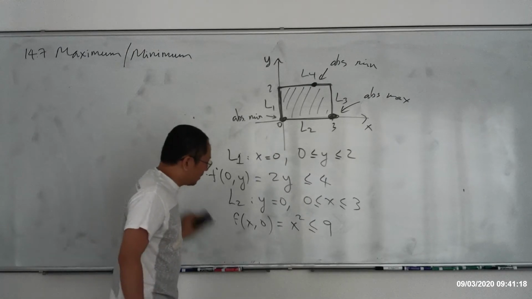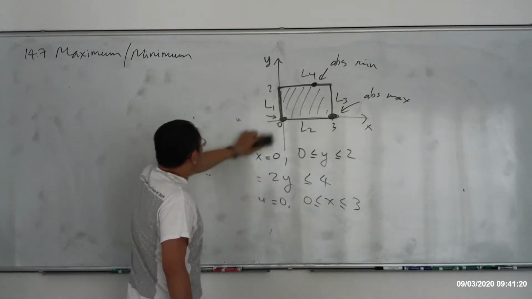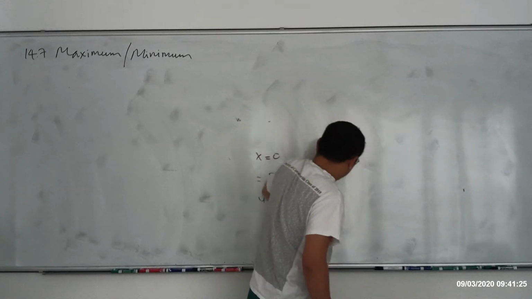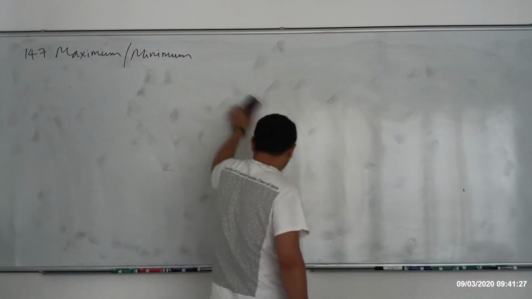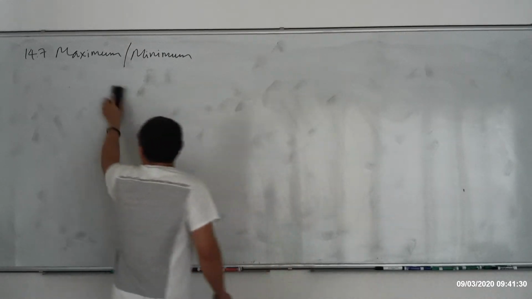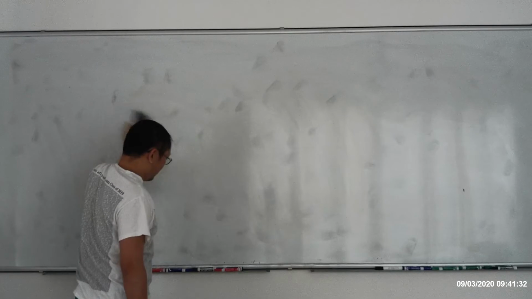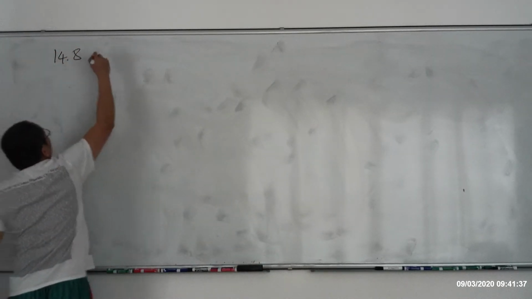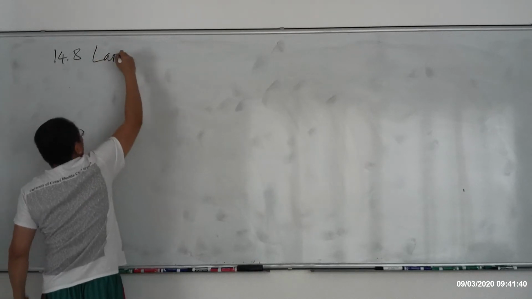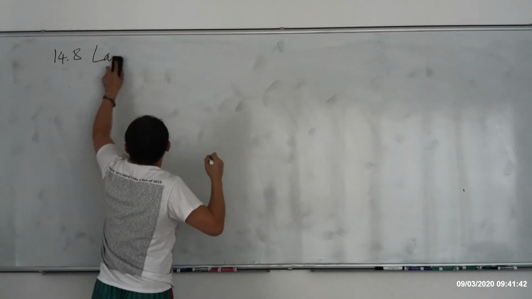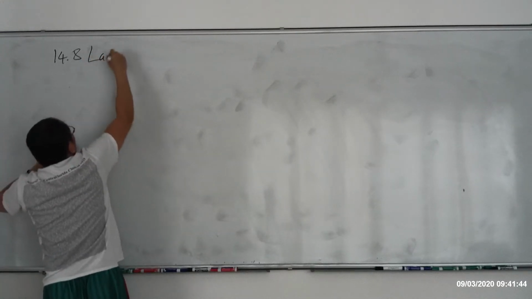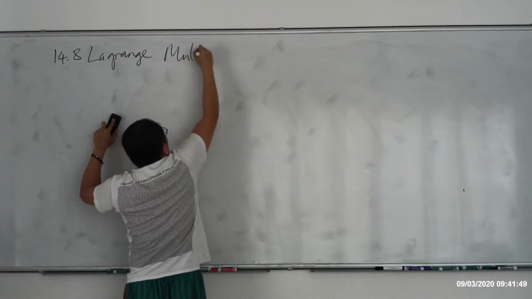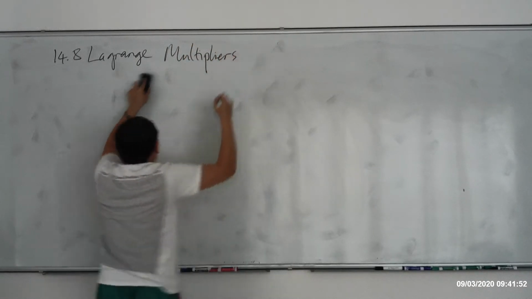We'll be talking about something called the constraint. 14.8 is about Lagrange multiplier. Okay?